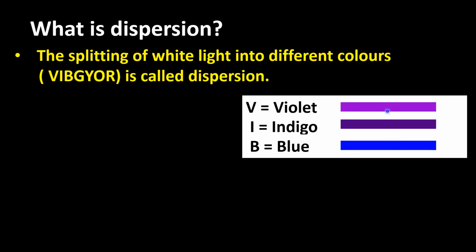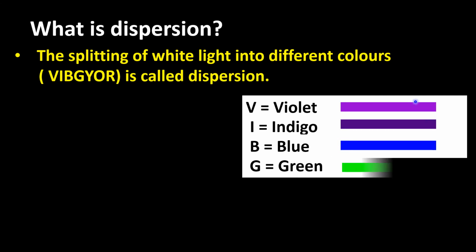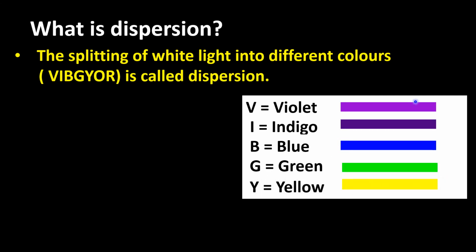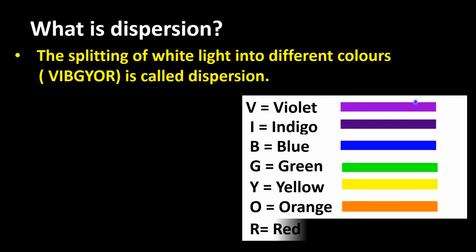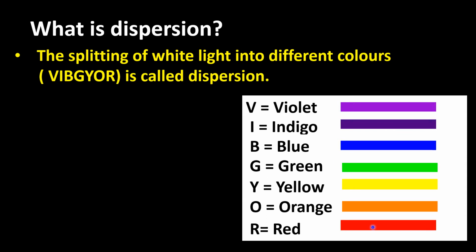So the wavelengths are different, that's why colors are different. Next green, next yellow, orange and red. So it is VIBGYOR: violet, indigo, blue, green, yellow, orange, red.